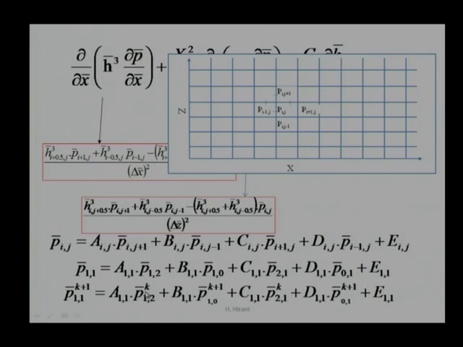Here the iteration is kth, that means one previous iteration where the pressure is known to us. That is going to help us to find out the pressure at the next iteration for the node i j. And here again p10 comes, which we have already overcome, that is a previous node compared to this node, which will be known to us.